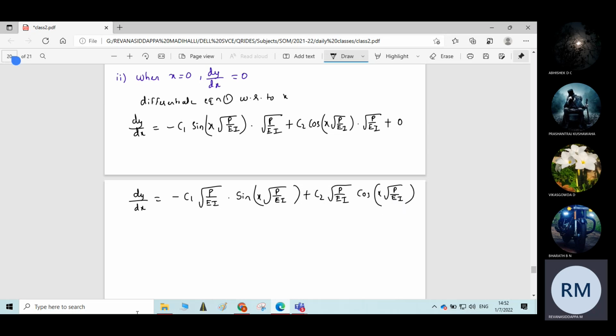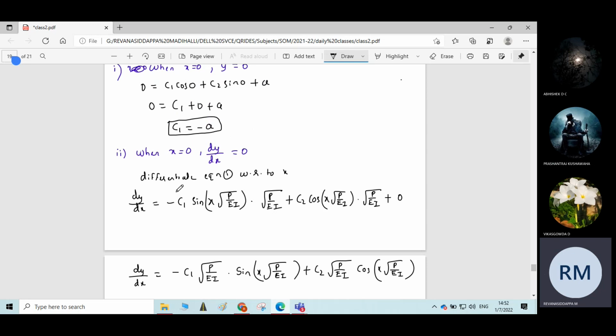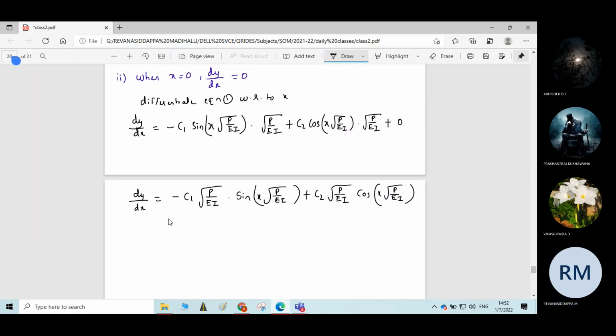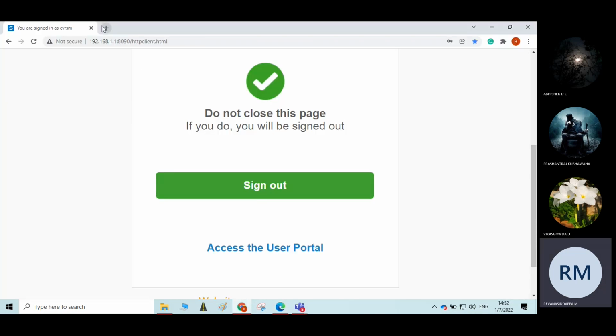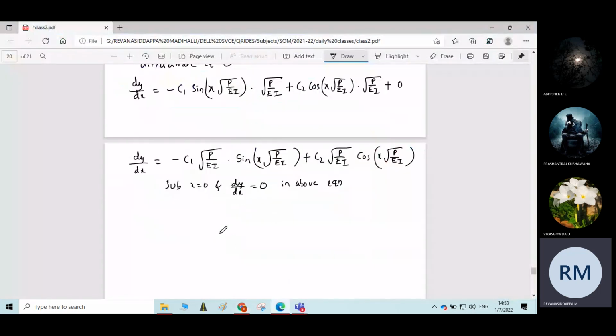Now you got the equation for dy by dx. Apply this condition. Substitute x equal to 0 and dy by dx equal to 0 in the above equation.